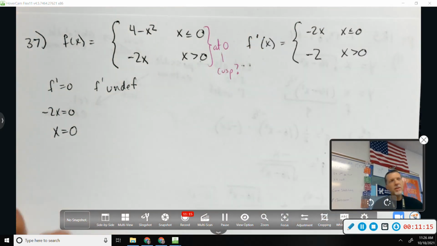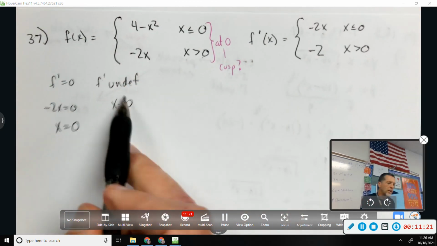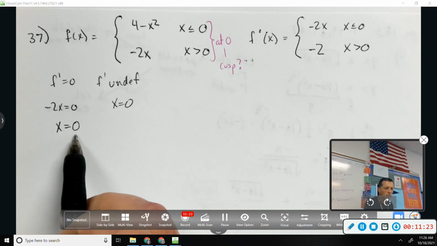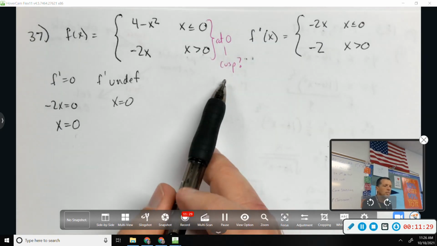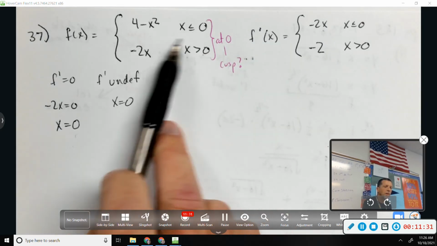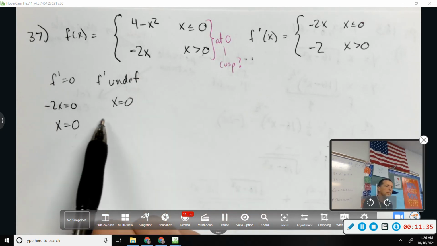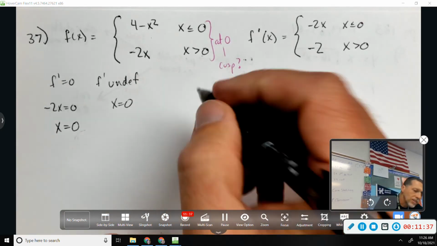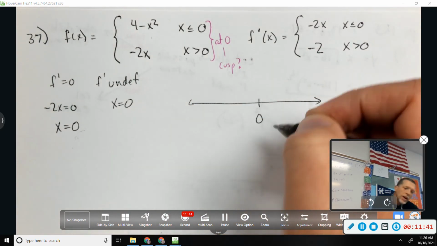I would want to check x equals 0, but it already showed up as a spot where the derivative is 0. There might be a cusp there because we're changing functions. The good news is I already have 0 down. So 0 is my only critical point.